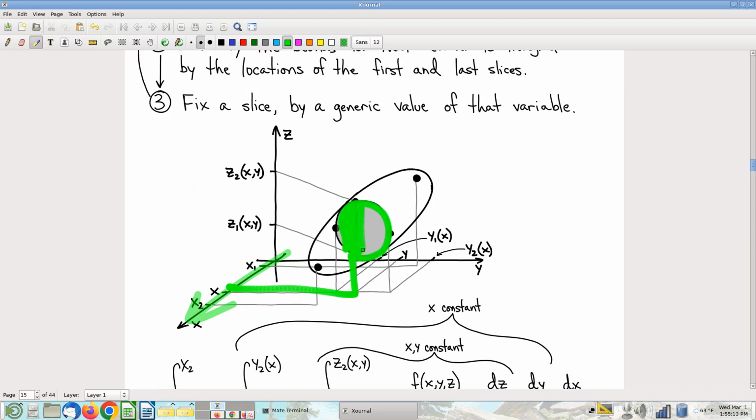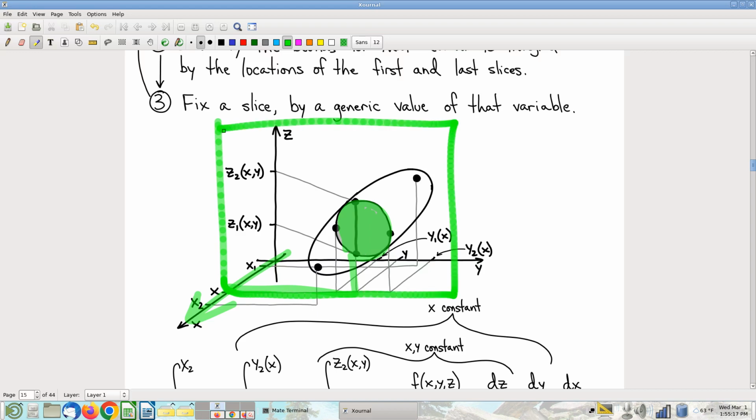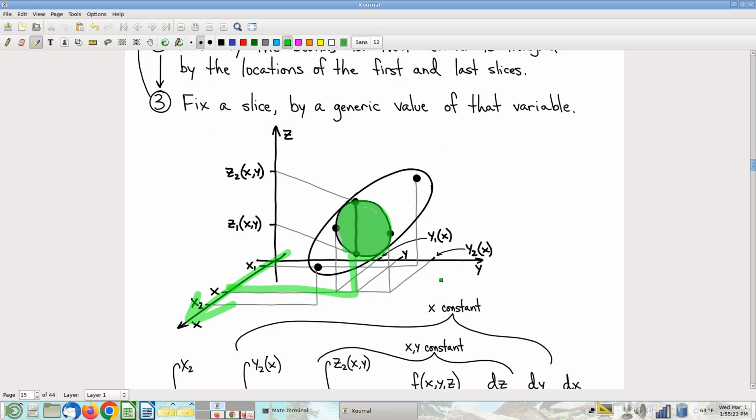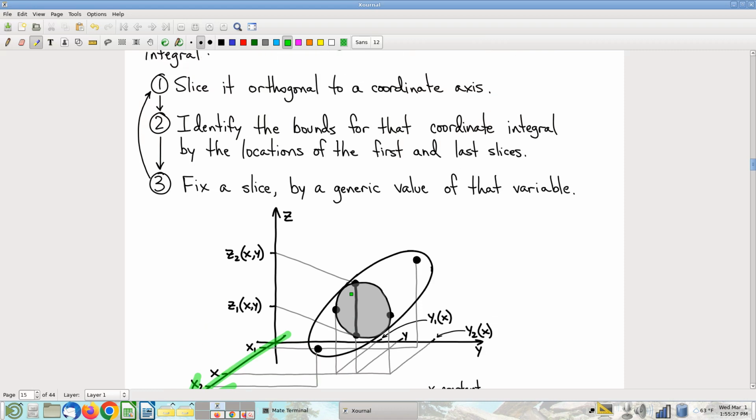Here's what an x slice looks like. That's in a plane perpendicular to the x-axis, and that's what they look like. So you've got to first identify what these things look like, then figure out where the first and last of them are.